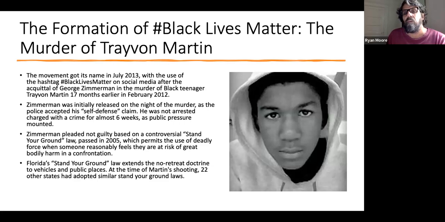I think they're called ALEC. They basically write these laws that are ready to be signed and implemented by Republican legislators. So that's why there are so many of them in various states across the country.